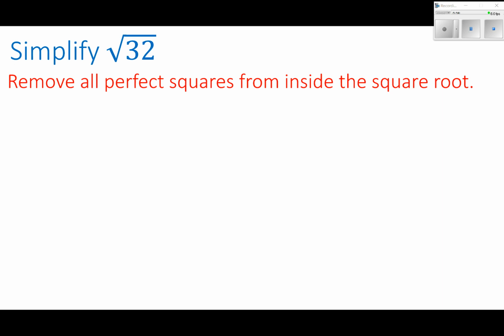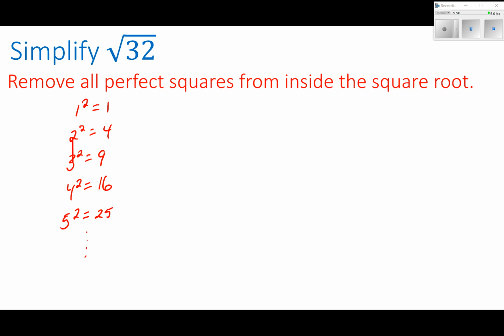So let's think of perfect squares. Perfect squares are numbers that when I square them, that becomes a perfect square. Like 1 squared is 1, 2 squared is 4, 3 squared is 9, 4 squared, 16, 5 squared, 25, and we could keep going.